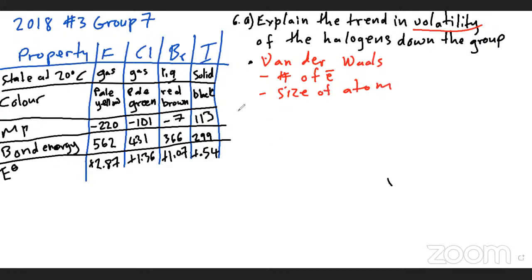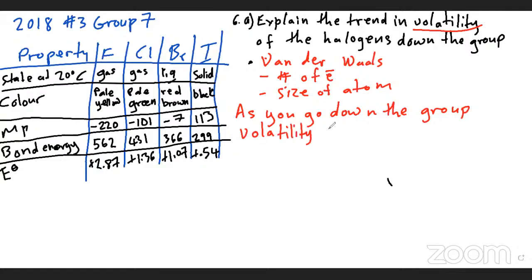As you go down the group, so first we state our trend. Now we explain. We know that the reason why it is going to decrease is because the strength of the intermolecular force does what?